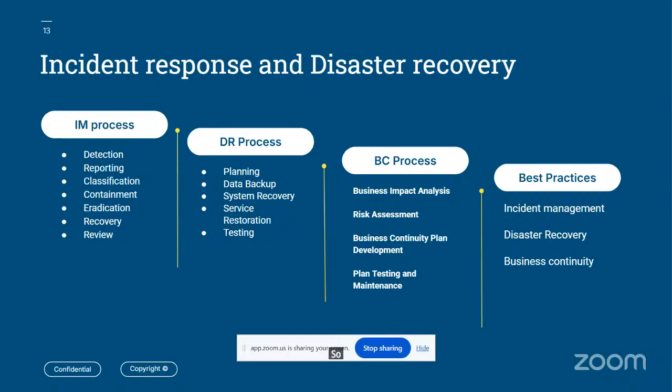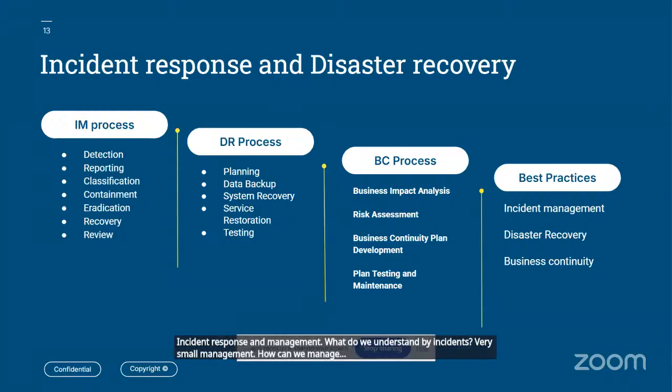So a question is on the chat box. Someone should explain incident response and management. What do we understand by incident response and management? How can we manage an incident?